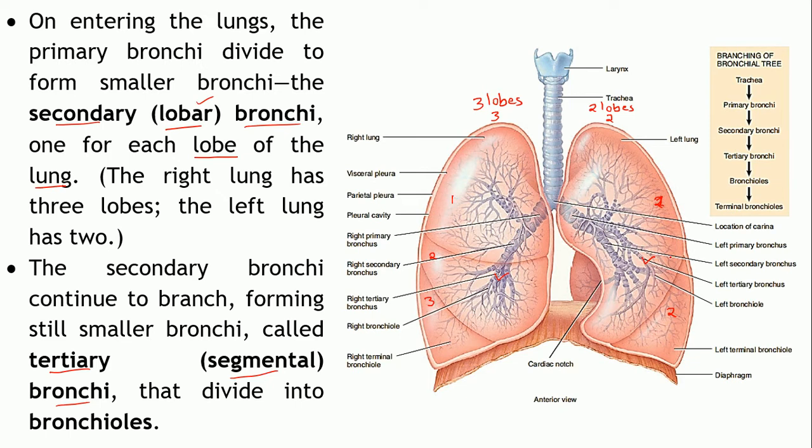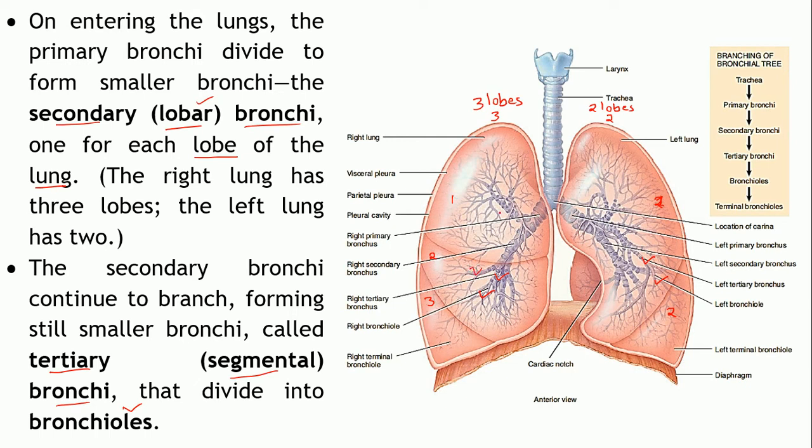Further, these tertiary bronchi will divide into still smaller tubes called bronchioles. That's the left bronchiole, and that's the right bronchiole. Likewise, a number of bronchioles will be present.